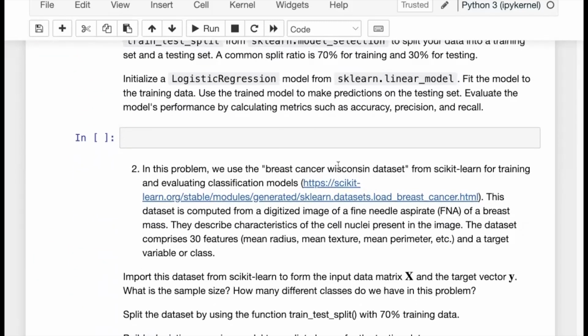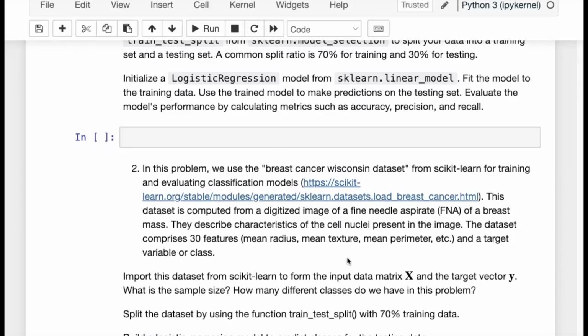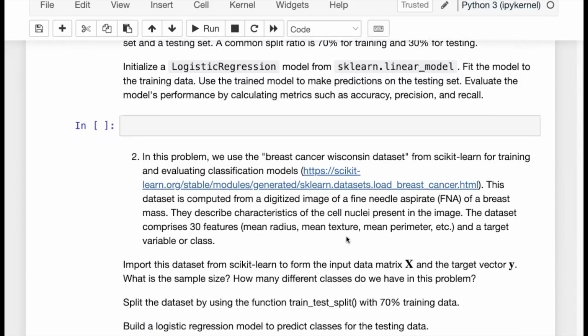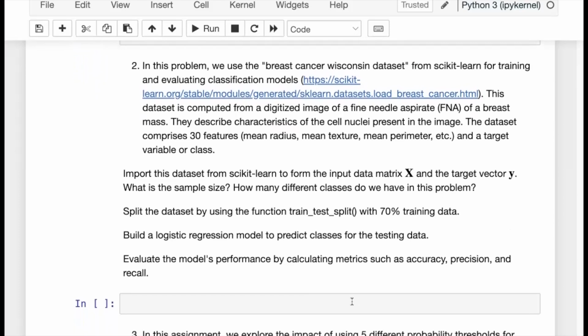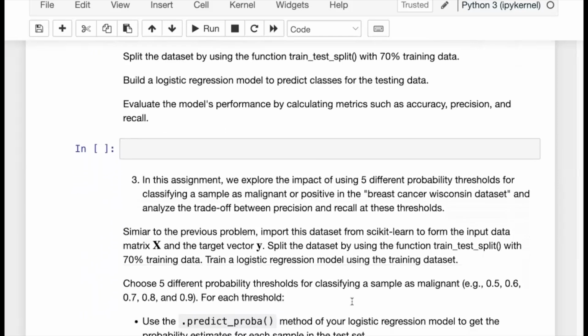We're also going to work with this Wisconsin data set. This is also a very interesting data set that you can use for training classification models, and we follow the same procedures. We're going to use a logistic regression model to predict classes for testing data points and then evaluate the model.